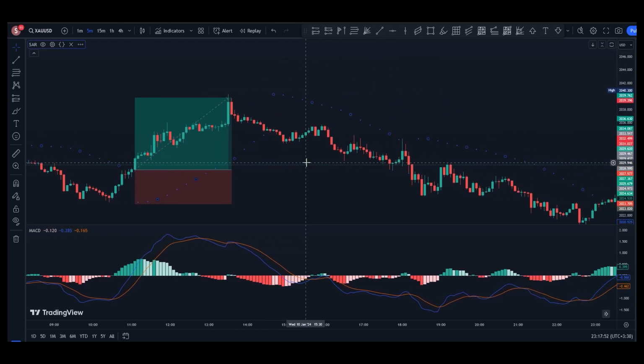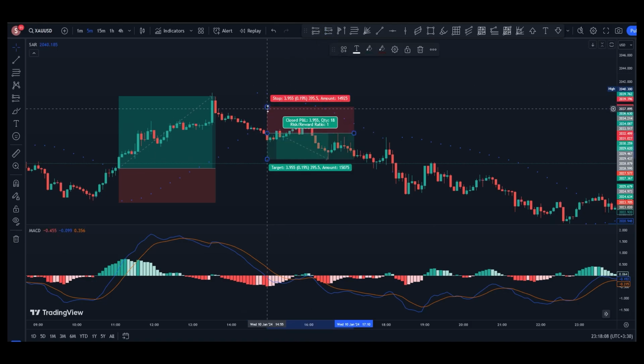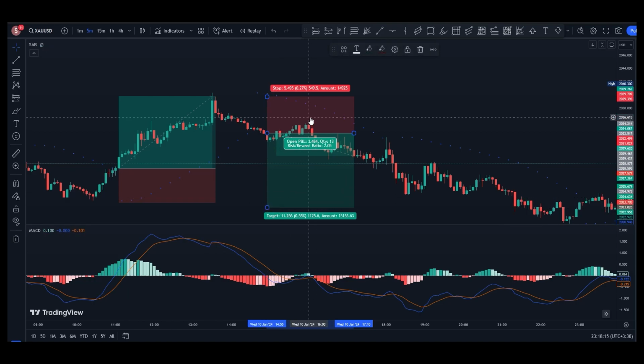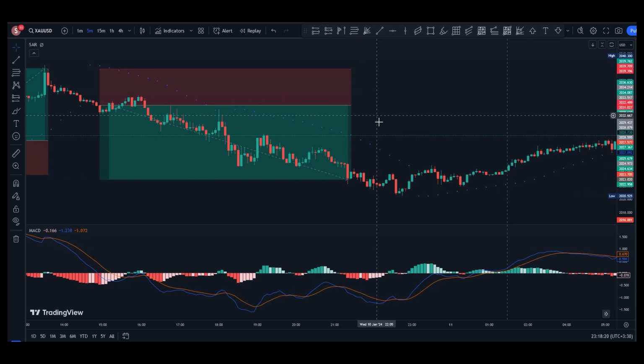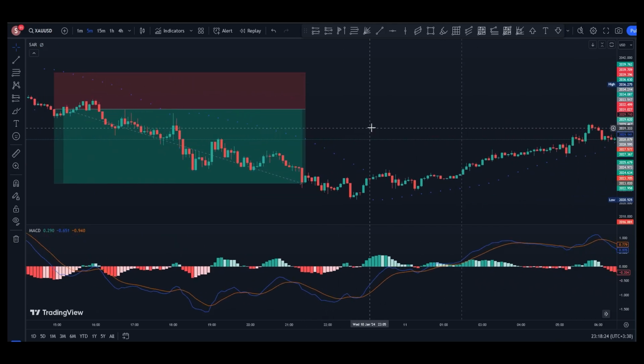Here is another entry for our trade around here, as I told in the video. Well, as you see, we enter our trade with a 1:2 risk to reward ratio, and the day is finished. We have 2 successful trades.